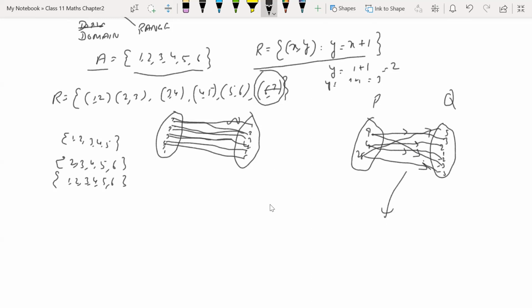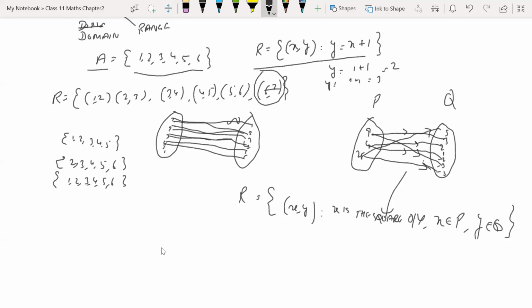In the set builder form, we will write R as a relation such that R is equal to the set of (x, y) such that x is the square of y, where x belongs to P and y belongs to Q. This is the set builder form because the element of P is the square of the element of Q.